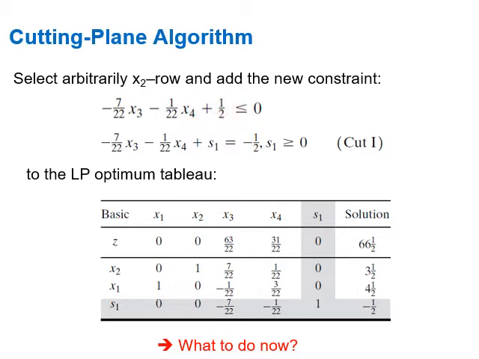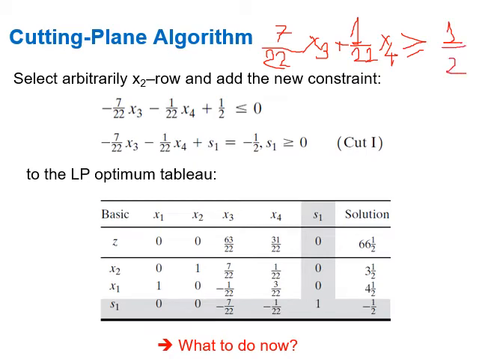Remember last time I told you that in our procedure, originally for this constraint we have 7 over 22 x3 plus 1 over 22 x4 greater than or equal to 1 over 2. So this is the original cut after the procedure.